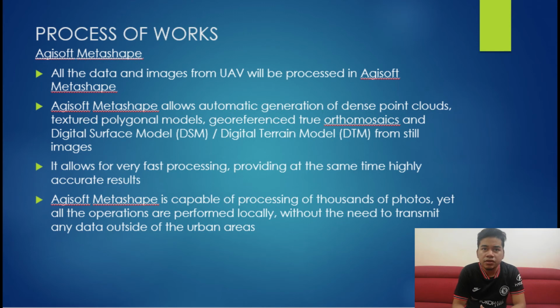Based on the state-of-the-art technology developed by Agisoft, it allows for very fast processing, providing at the same time highly accurate results, up to 3 cm of accuracy for aerial photography and up to 1 mm for close-range photography. Agisoft Metashape is capable of processing thousands of photos, yet all the operations are performed locally without the need to transmit any data outside of the urban areas. This makes Agisoft an ideal solution for sensitive data processing.